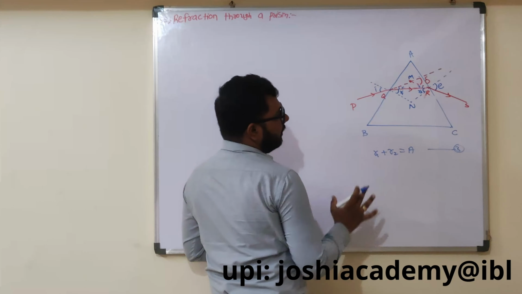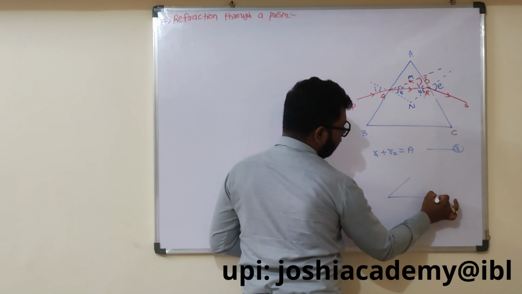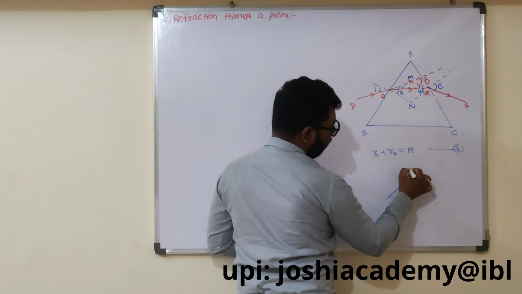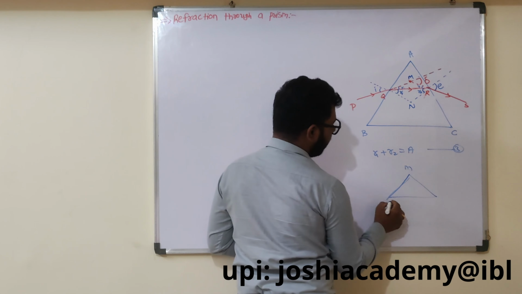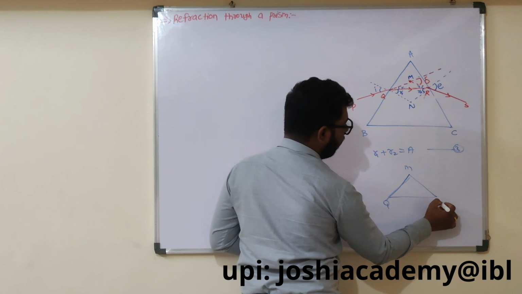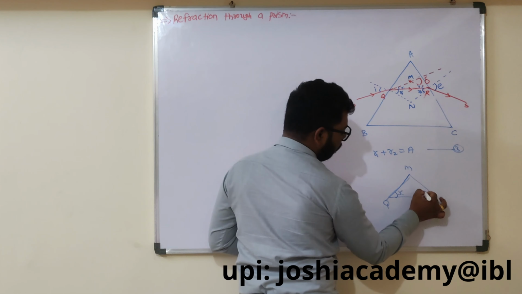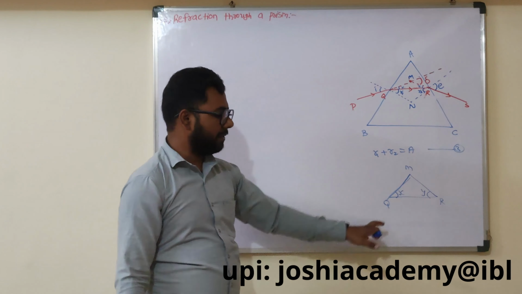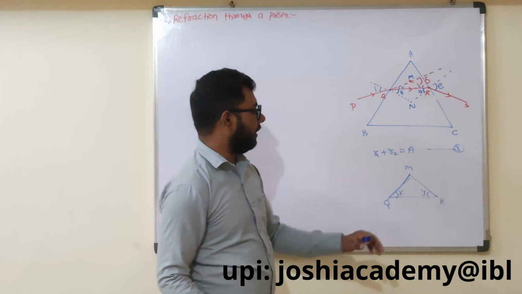If you cannot see this triangle, then let me draw it over here. Okay, this is M, Q, R, in which I have drawn these two angles, assumed as x and y.